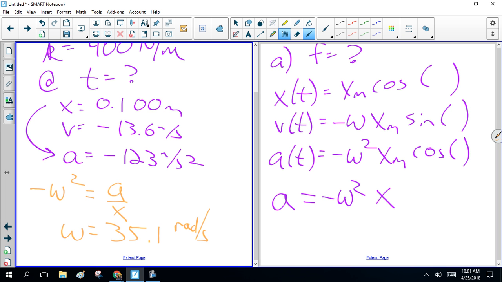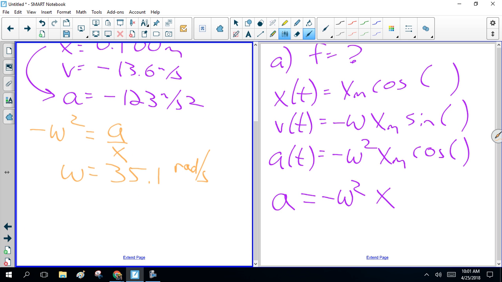Then you can just convert radians to cycles to get your actual frequency, so divide by 2 pi. The answer ends up being 5.6 hertz, basically.